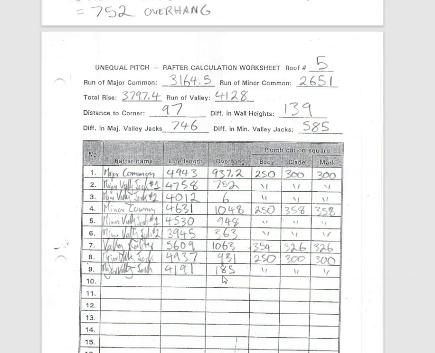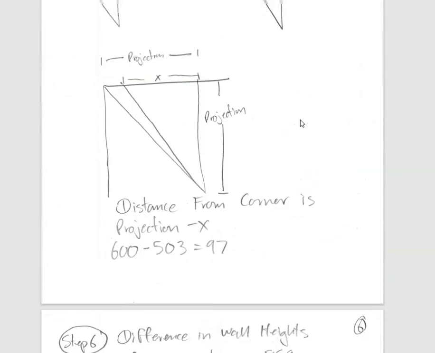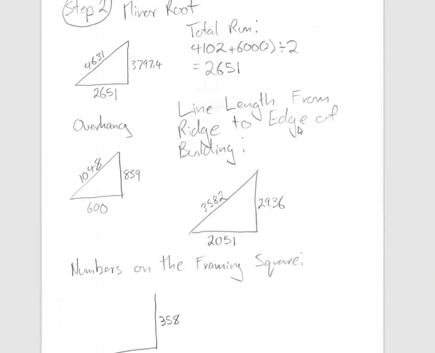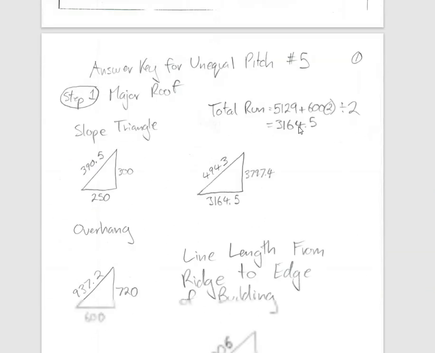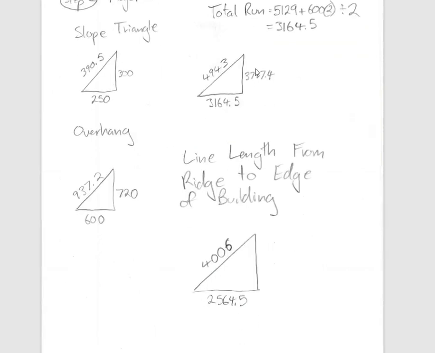So these can seem a bit more complicated than they are if you have a good system, and if you get your base information down before you even get to calculating the rafters, it can be a lot less intimidating than it sometimes can seem. So again, start with calculating everything major, which would be the line length of the total major rafter.